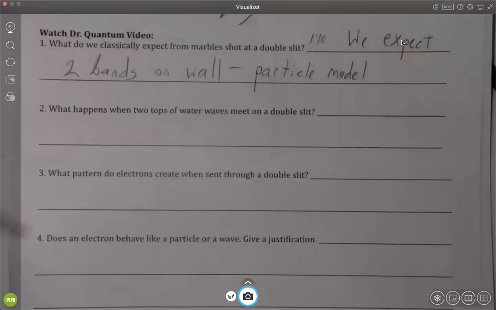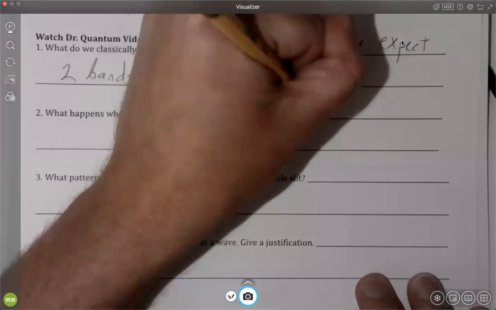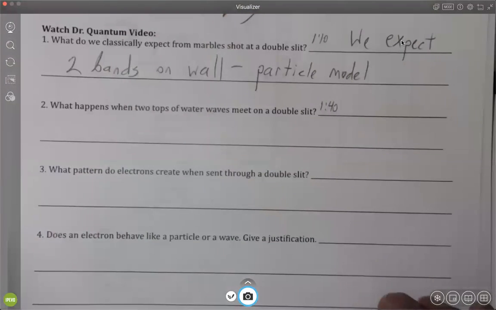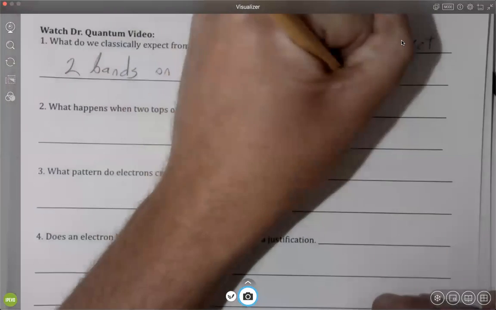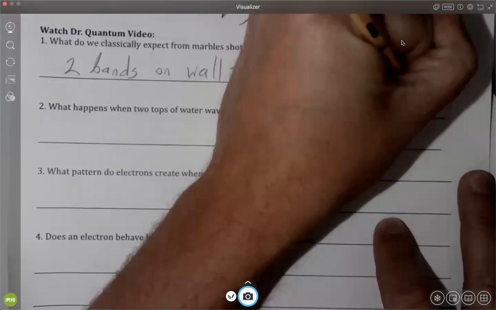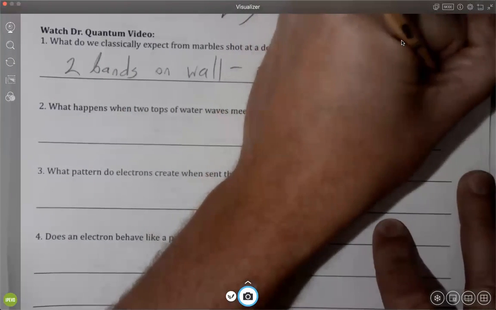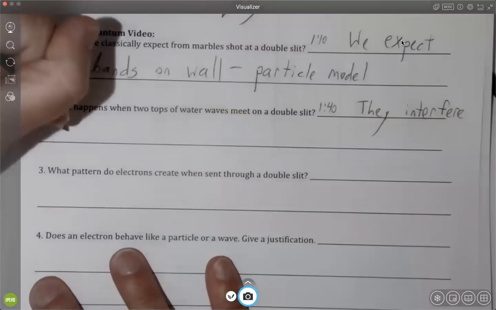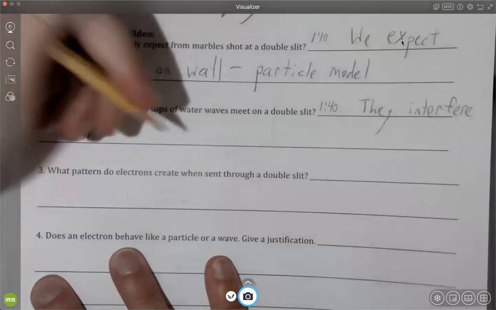But that's not what we saw. We know that actually something different happened. And with just the water waves, right around the 40 second mark, that's where we saw that these water waves interfere and they make bigger waves.